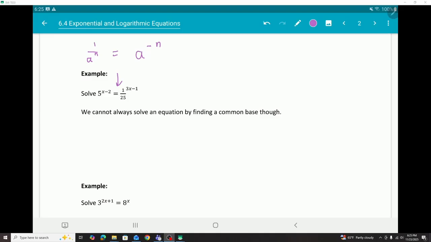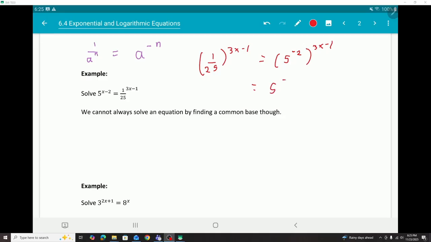1 over 25. That's super, super strange. So what I can do is I can instead say 1 over 25 to the 3x minus 1 equals, well, first, 25 is 5 squared, but that 25 is also in the denominator, so it's a minus 3x minus 1.